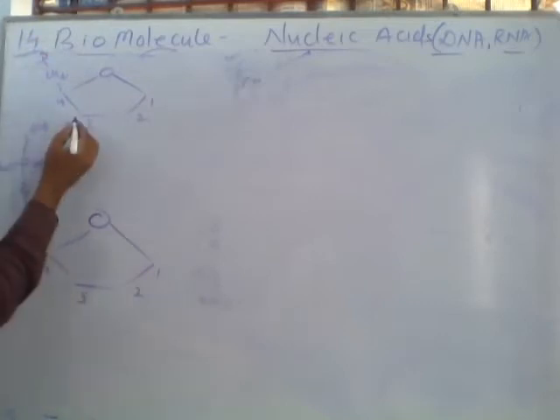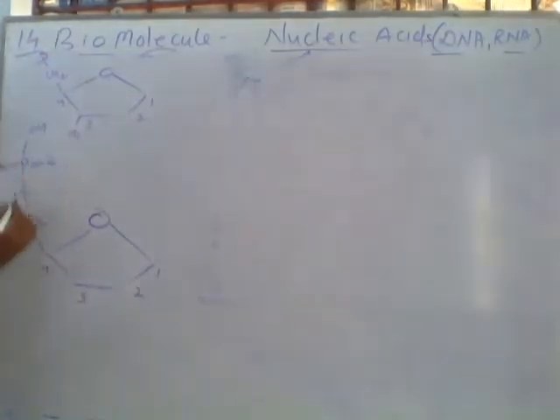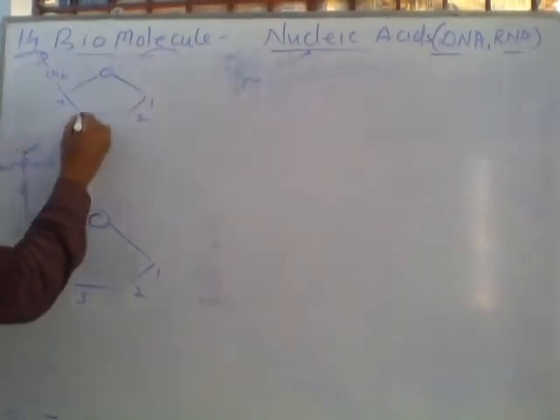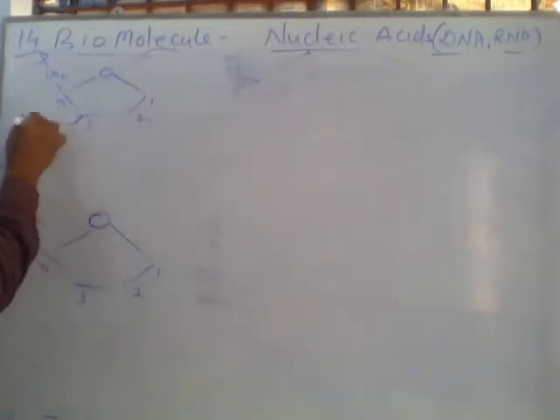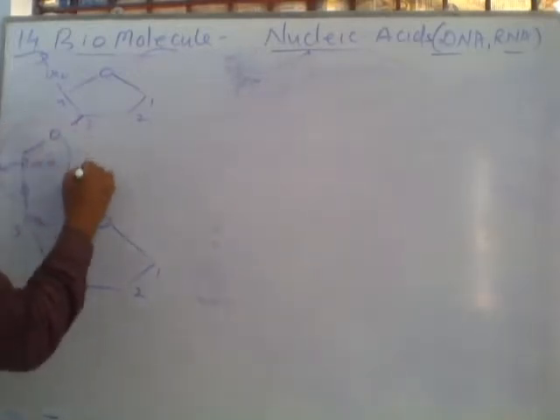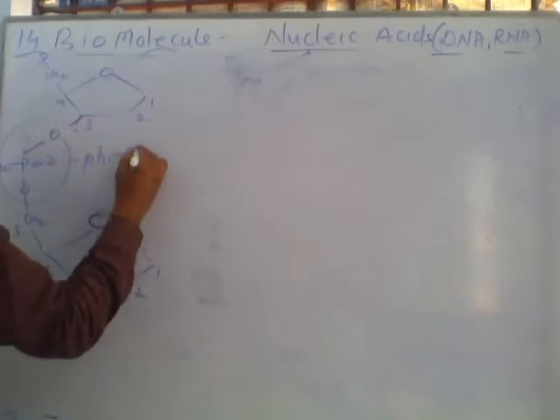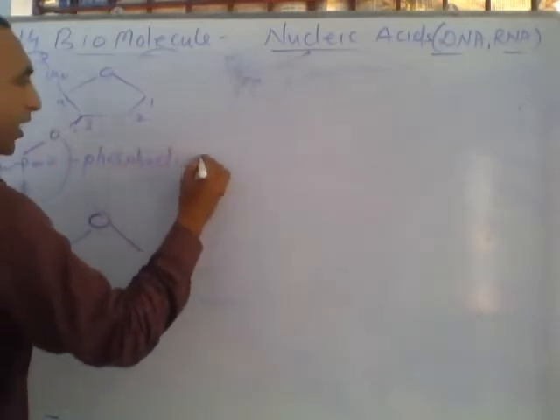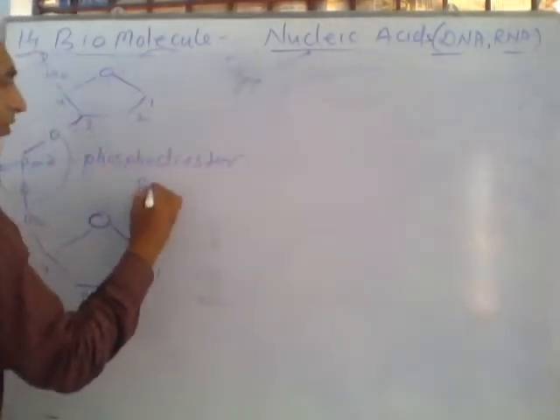And listen, the OH group of the third carbon and the OH group of this phosphoric acid, these two again join together and give a bond of this type, between P and this O. This specific bond is called a phosphodiester bond.